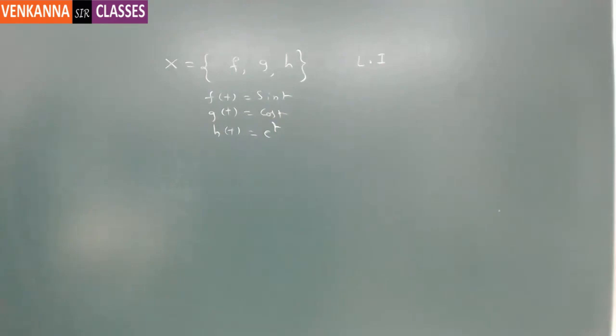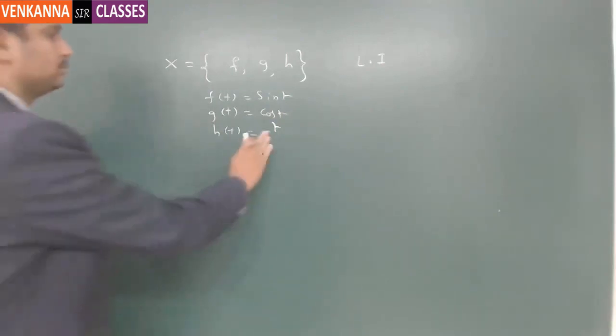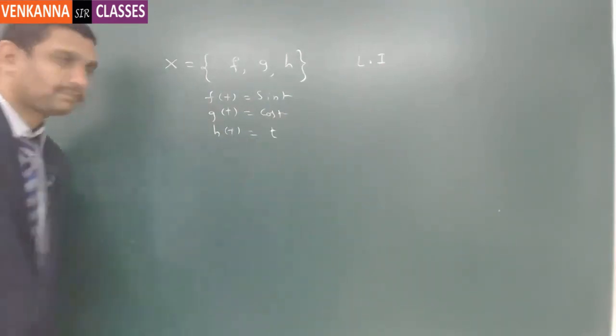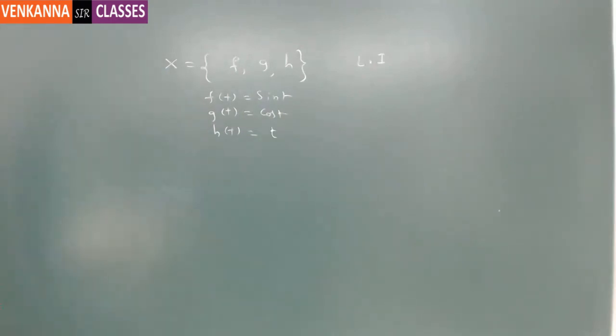Or you can simply take it as t also, where each one is a function from R to R. F, G and H, each one is a function from R to R. So here what happens, generally to check for the linear independence, we will write the linear combination.